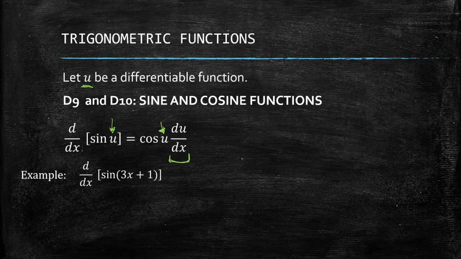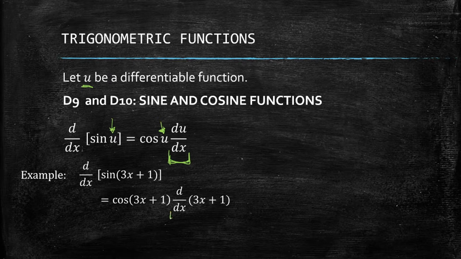So for example, we are asked to find the derivative of sine of 3x plus 1. Again, we just need to remember that the derivative of sine is cosine. So we'll have cosine of 3x plus 1, but take note there is here the derivative of u with respect to x, so do not forget du dx.